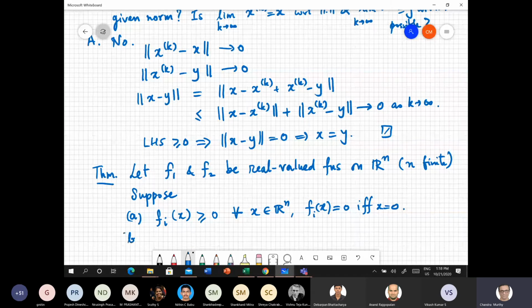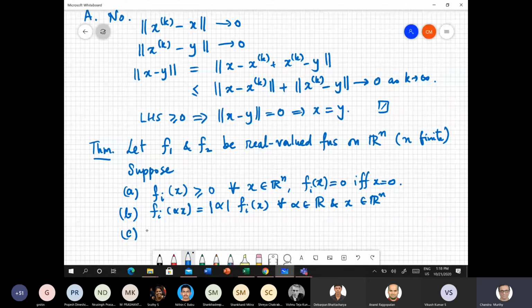Property B is that Fi of alpha x is equal to mod alpha times Fi of x for every alpha belonging to R and x belonging to R to the n.